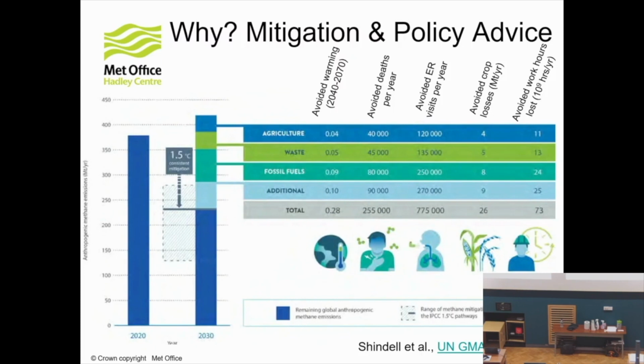As part of this assessment, they assessed the feasibility of emission reductions from different sectors, including some additional measures that aren't directly targeting methane, but may give rise to emissions reductions of methane through other measures.